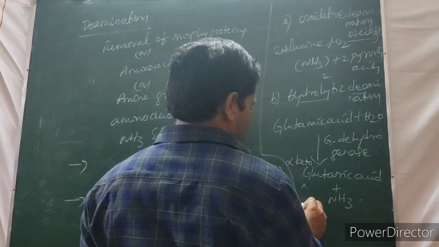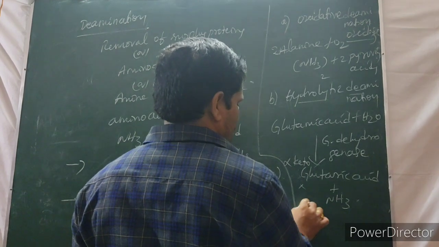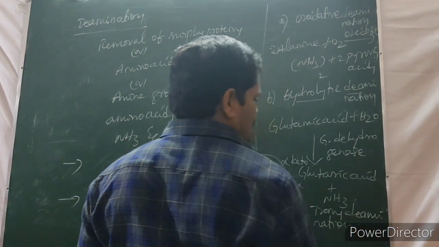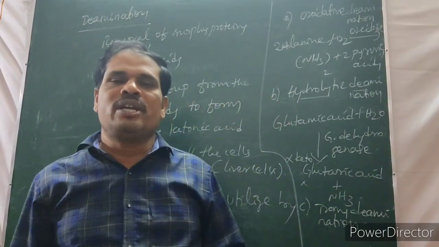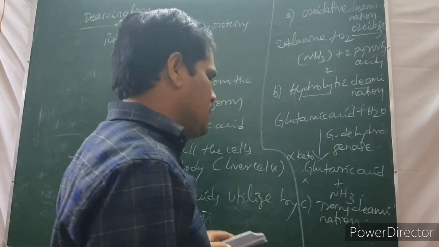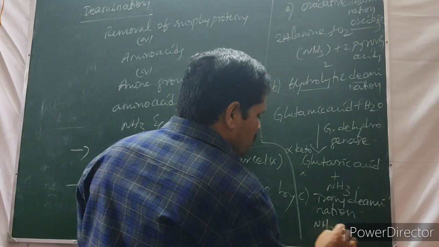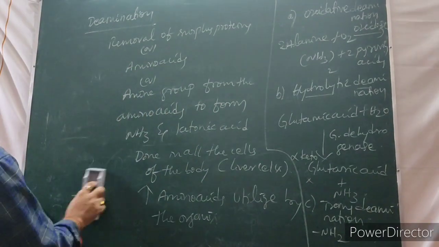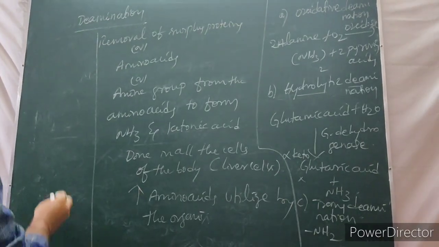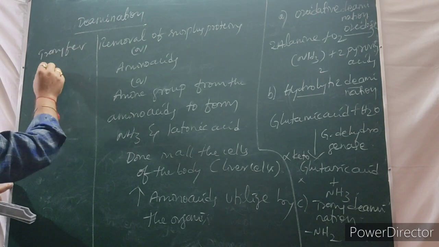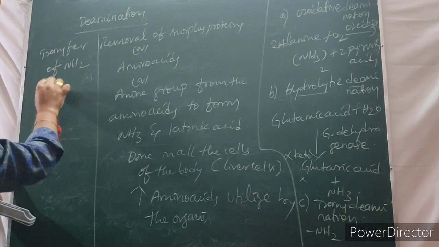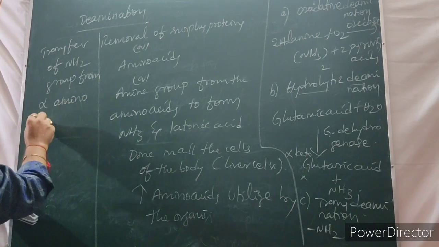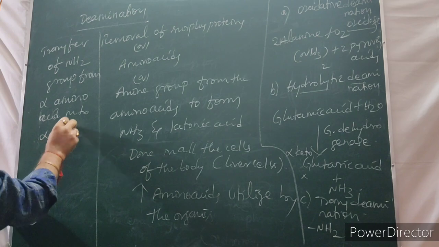The next one is transdeamination: transfer of the amine group from an alpha amino acid into an alpha keto acid.